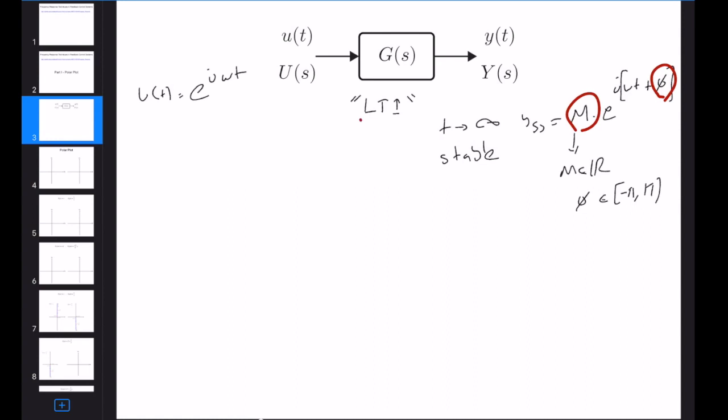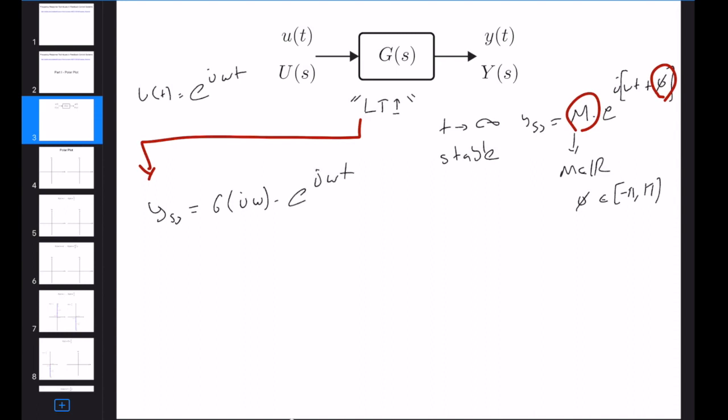Under the assumption that the system is LTI, y steady state is equal to G of j omega times e to the power j omega t, and the proof is relatively easy.